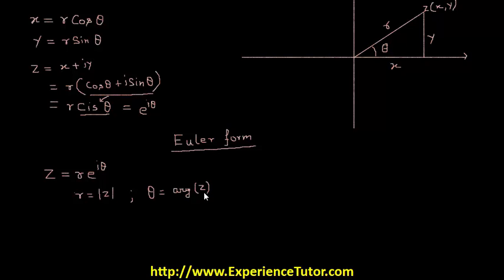Euler form can be converted to polar form by using e to the power i theta is equal to cos theta plus i sin theta.